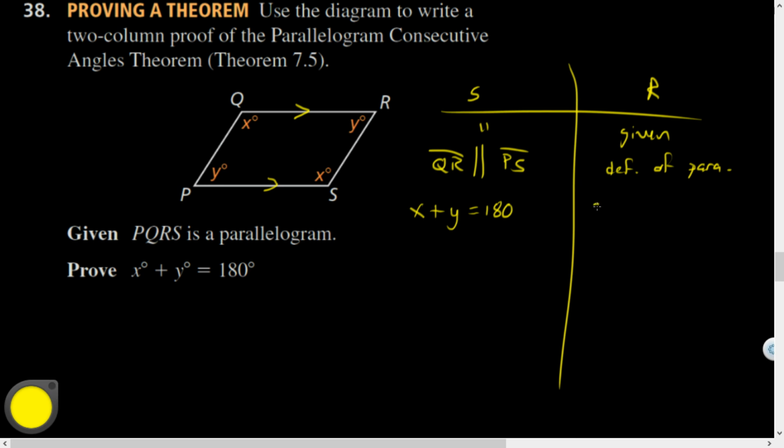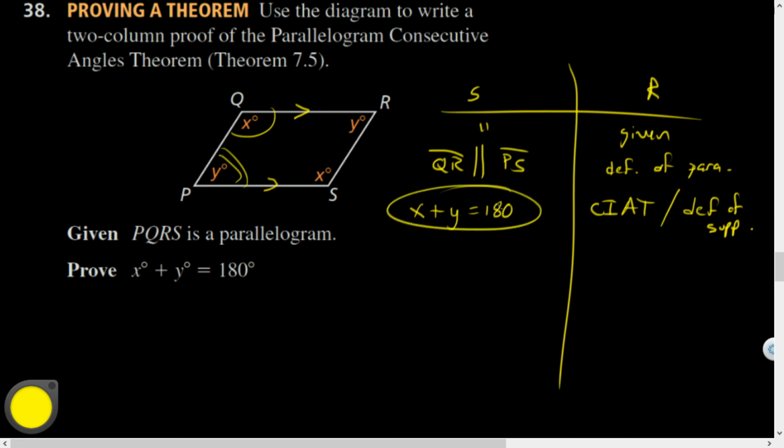I technically skipped a step, but yeah, consecutive interior angles theorem as well as definition of supplementary. The actual consecutive interior angles theorem just says that these two angles are supplementary. And then I would have to have said that, and then by definition of supplementary, those two add to 180.